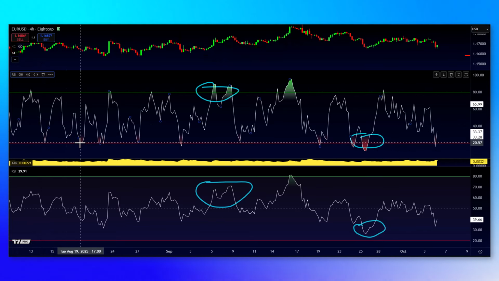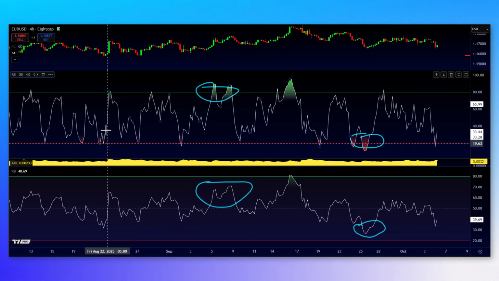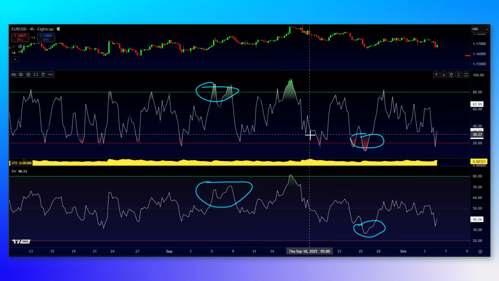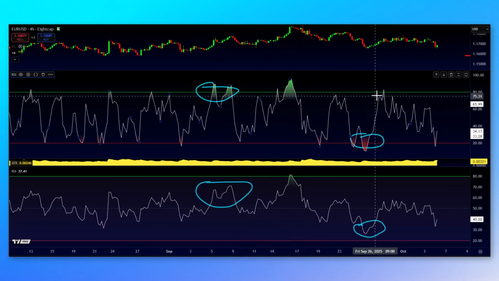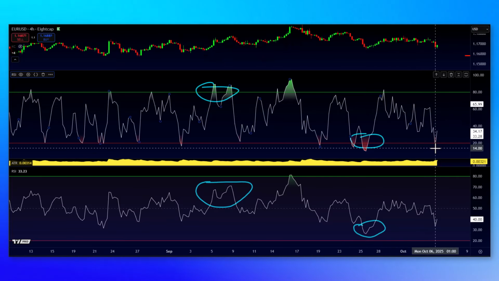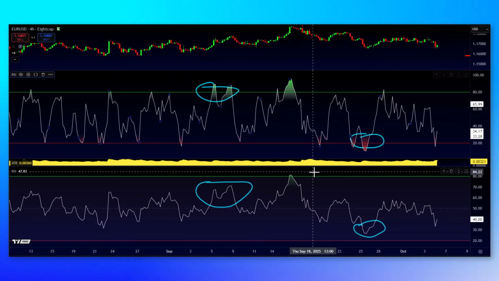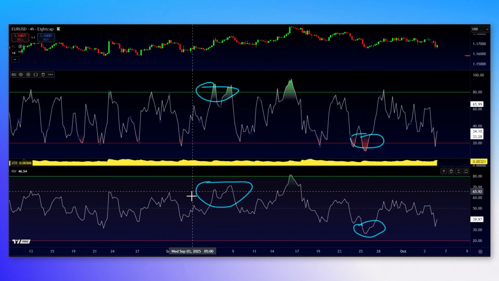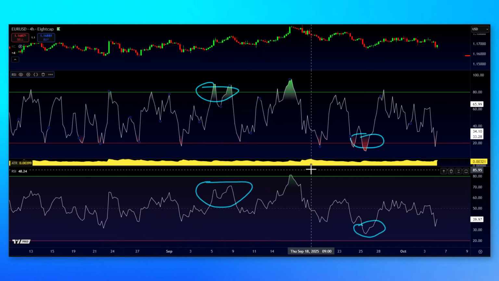I have over 2, 3, 4, 5, 6, 7, 8, 9, 10, 11, 12, 13, 14, 15, 16 overbought or oversoldnesses on my 5-period RSI. On my regular 14-period RSI, 1, right?